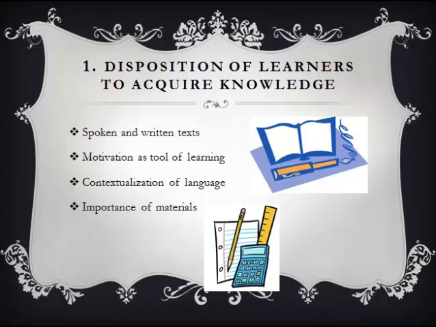The second is the motivation of the students and the main idea of language as a tool of communication as its main objective. The third is the contextualization of language. And the last one is the examples that students have about the importance of materials in language learning.